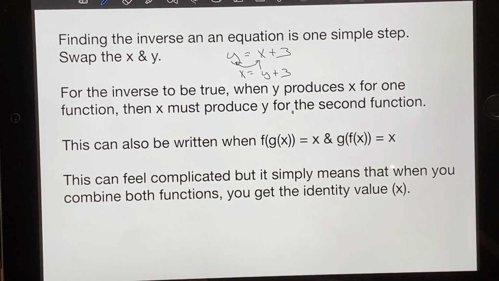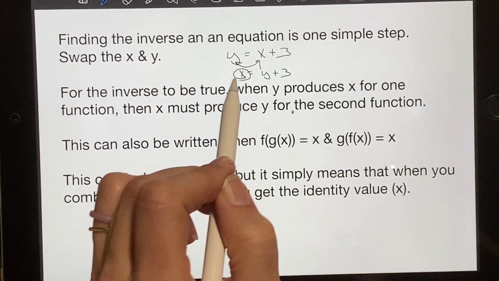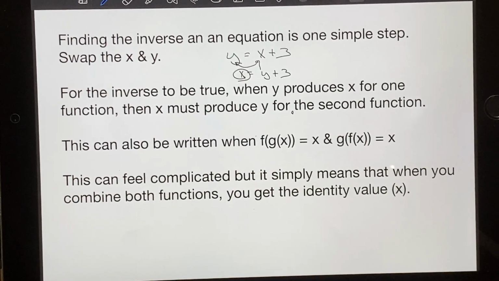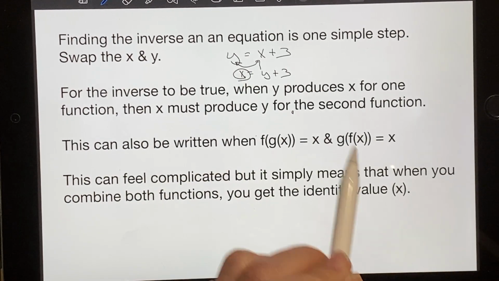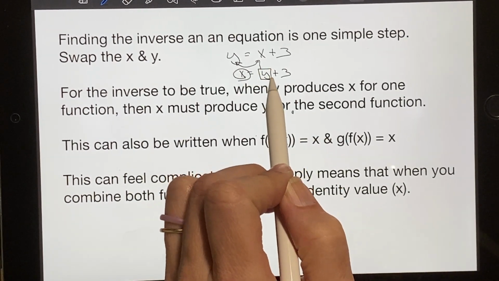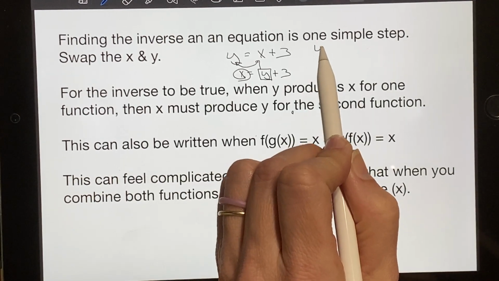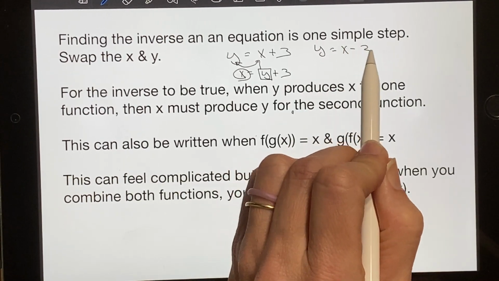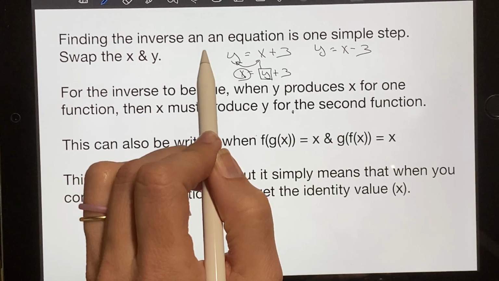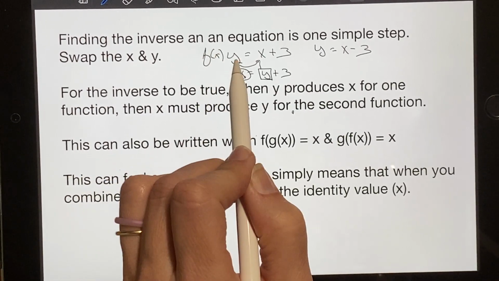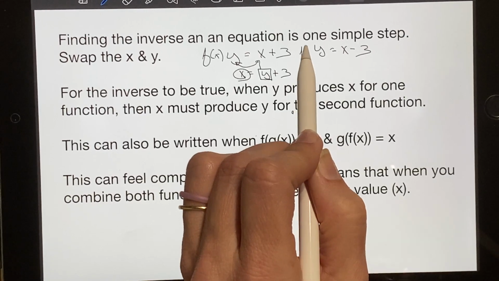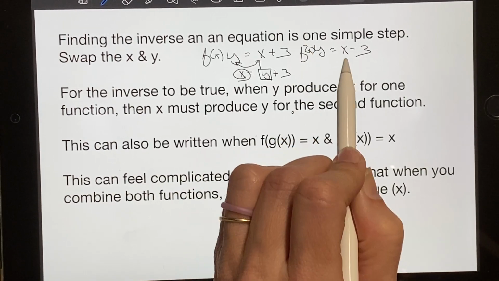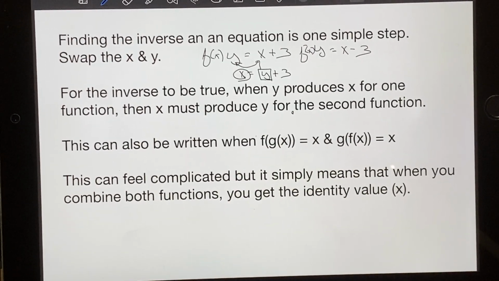Now, we don't like solving equations for x, so we take our new equation and solve for y again. In this case, y is equal to x minus 3. So where my first function is x plus 3, my inverse function is x minus 3.